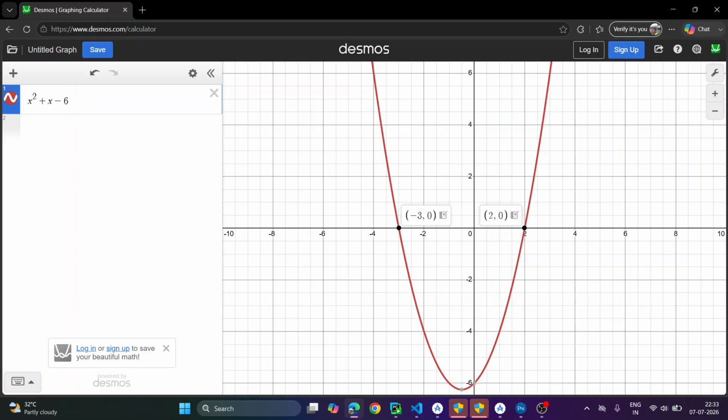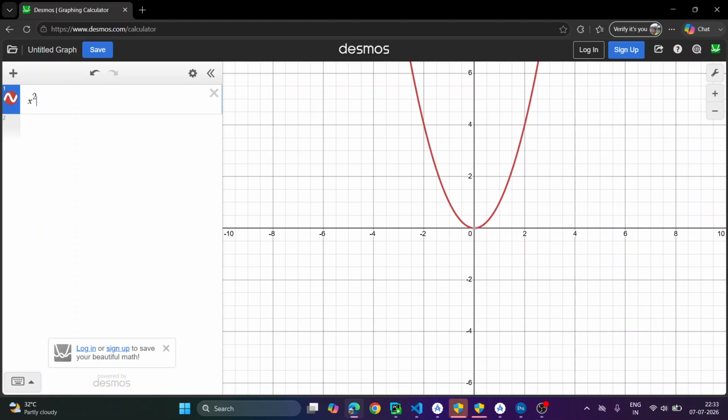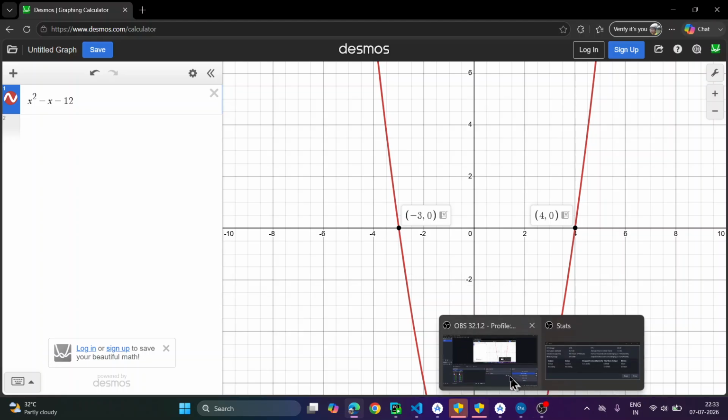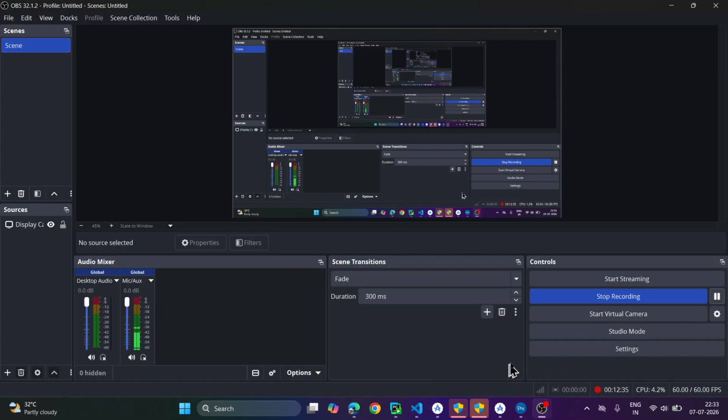This is pretty cool, right? You can just use Desmos and find the roots. We'll also do this one, x squared minus x minus 12. Let's check out the roots: minus 3 and 4, that's it. You don't have to spend that much time here. You can just write the equation in and the Desmos calculator will manage the rest.